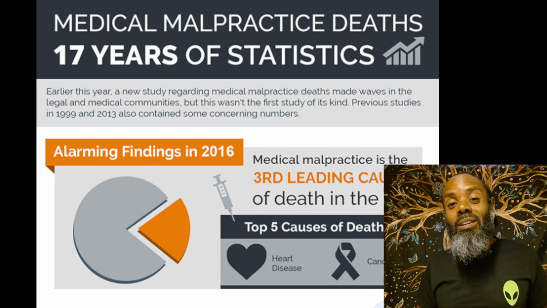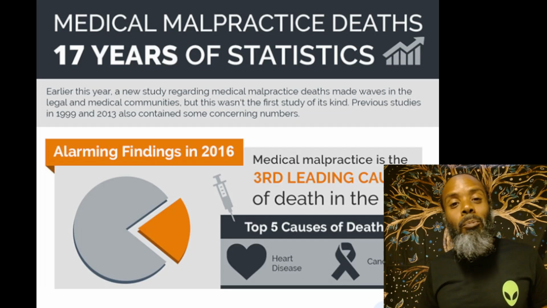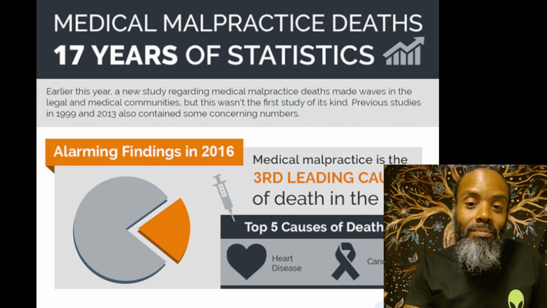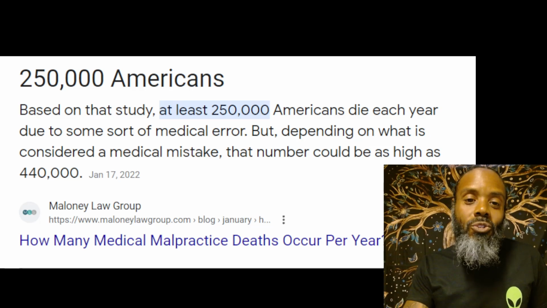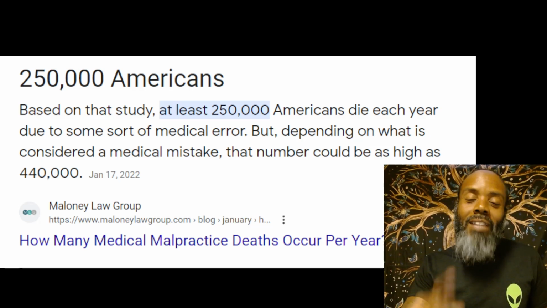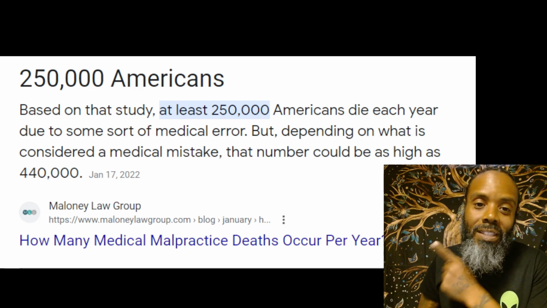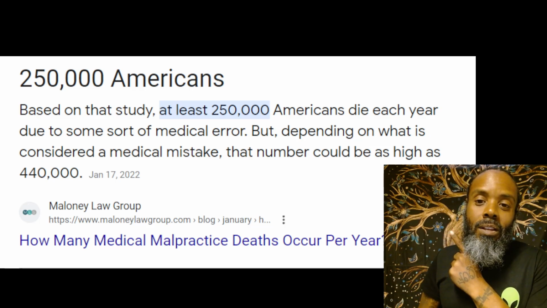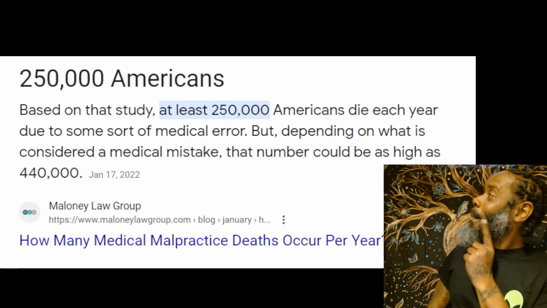Because number 3, the number 3 cause of death, at least in the United States, is medical malpractice. 250,000. Now, this is a really interesting read. 250,000 Americans die each year due to some sort of medical error.